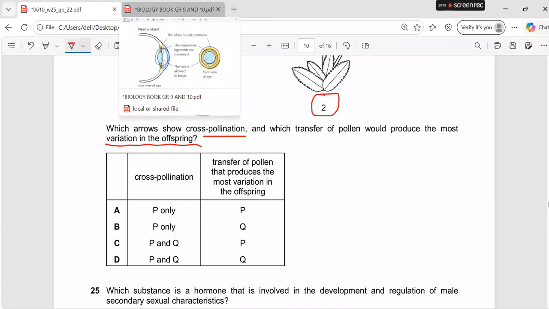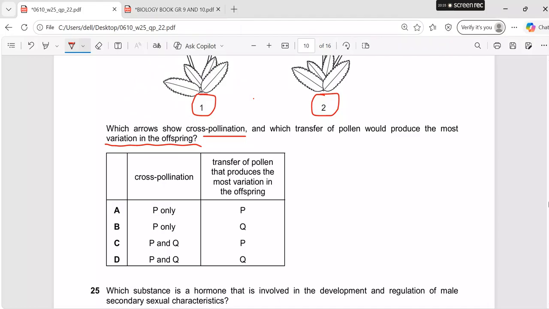Which plant is showing cross-pollination, and the second part is asking you where the most variation in the offsprings will be found.